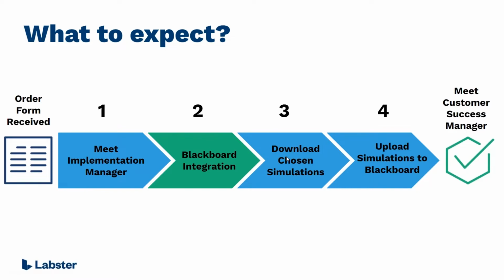And then the third step is you will receive instructions on how to download your chosen simulation from our faculty resource page. And lastly, you will upload the downloaded file of your chosen simulations into your Blackboard using our step-by-step guide. And then once the implementation is complete, you will be introduced to your customer success manager, who will then be your main point of contact throughout the semester. They're here to help you adapt Labster as a tool in your courses.